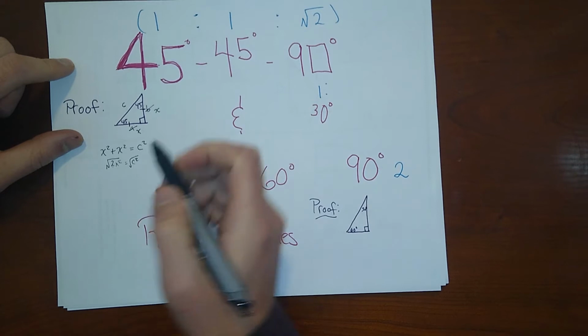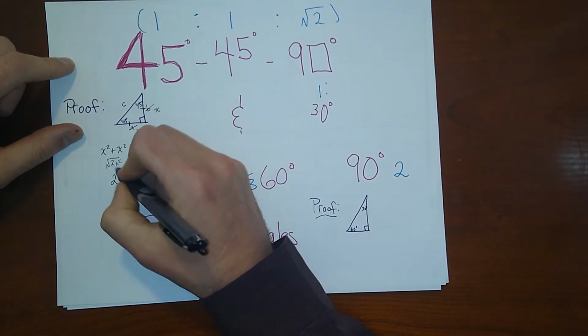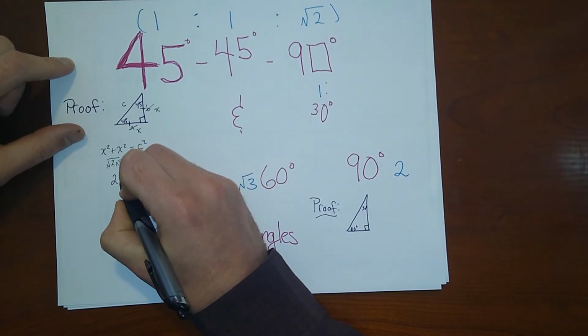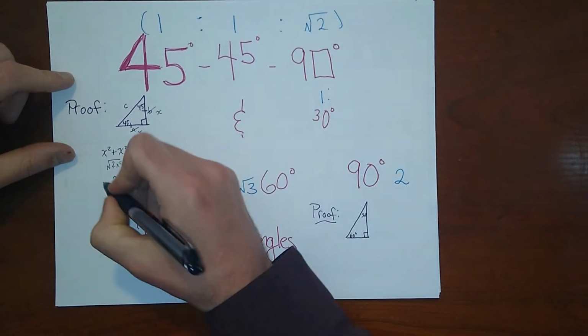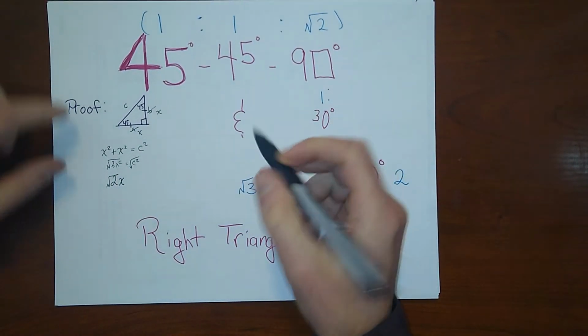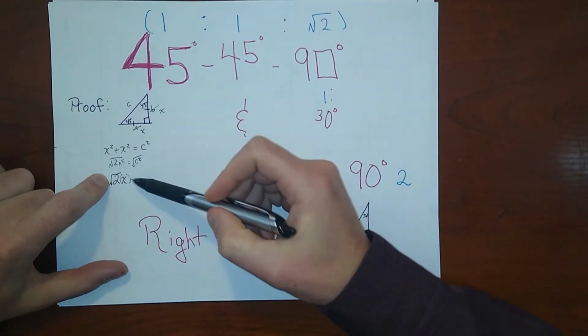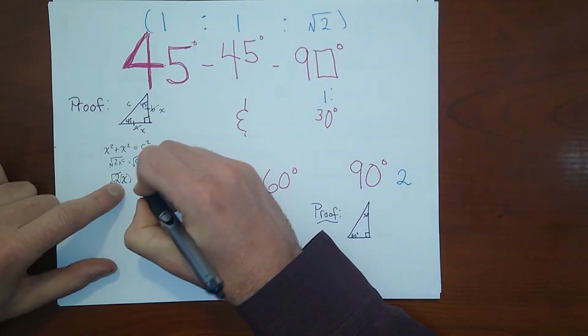Well, the square root of something squared is just that variable, and since these are side lengths, I can't have a negative x here, so I don't need to worry about plus or minus in this case. It's always going to be the positive value of x. And so we can break the x out of the radical, and we're left with the square root of 2 times x is equal to the hypotenuse.